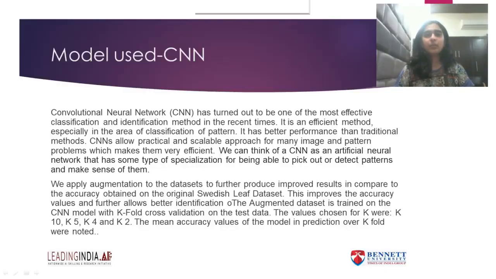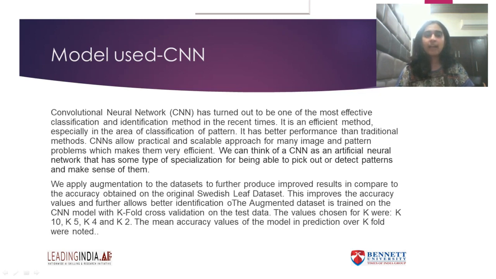The model which we used in our project was the convolutional neural network. In recent times, the convolutional neural network has turned out to be the most effective and efficient model when we deal with multi-classification problems, and it provides a scalable approach to help in recognizing the underlying patterns. The dataset which was given to us was the Swedish leaf dataset.